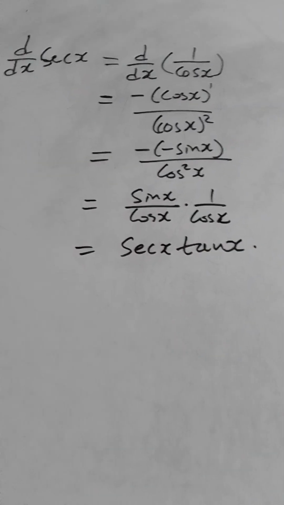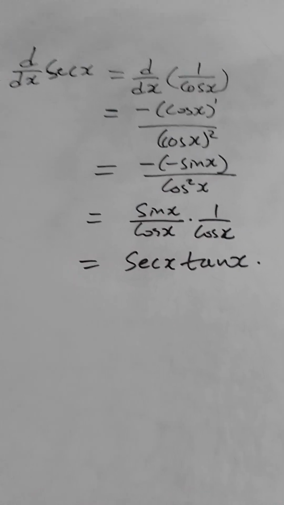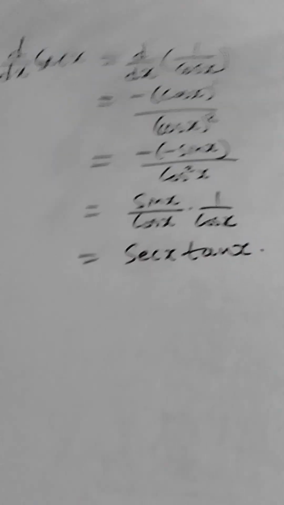Similarly, you could find the derivative of cosec, which is 1 over sine, and of cot, which is 1 over tan.